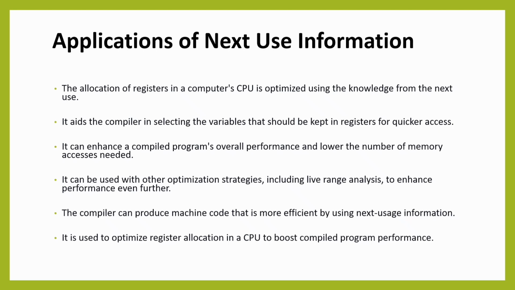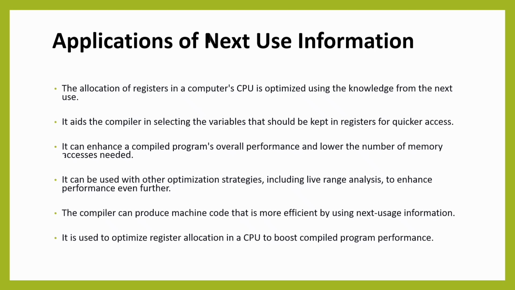It can be used with other optimizations including live range analysis to enhance the performance further. The compiler can produce machine code that is more efficient by using next use information. It is used to optimize the register allocation in the CPU to improve compiled program performance. That is the application of the next use information.